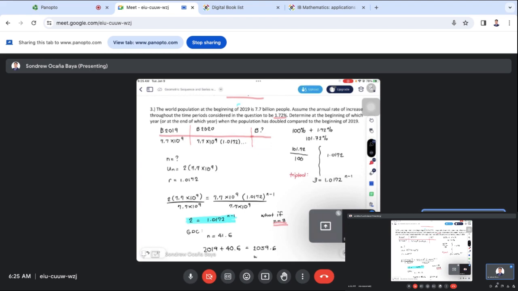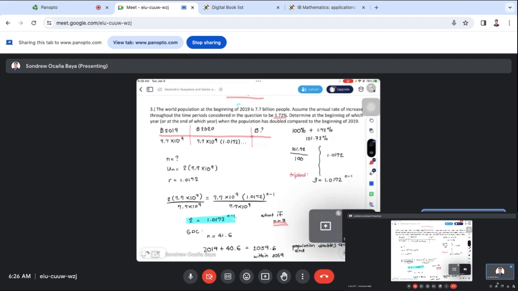To make it safer, because exactly at the beginning of 2059, the population is not yet doubled. It becomes doubled in the middle. So it's a lot safer to say the population doubles at the end of 2059.